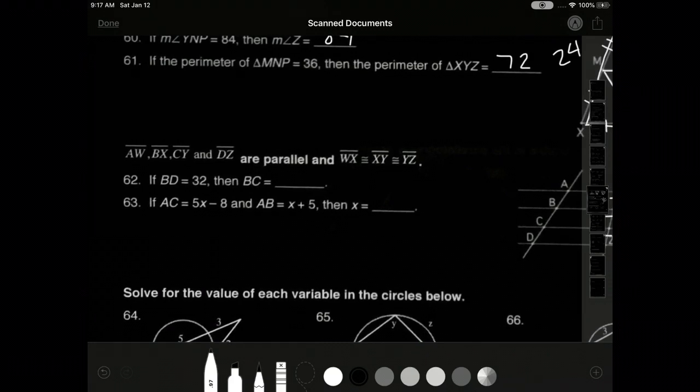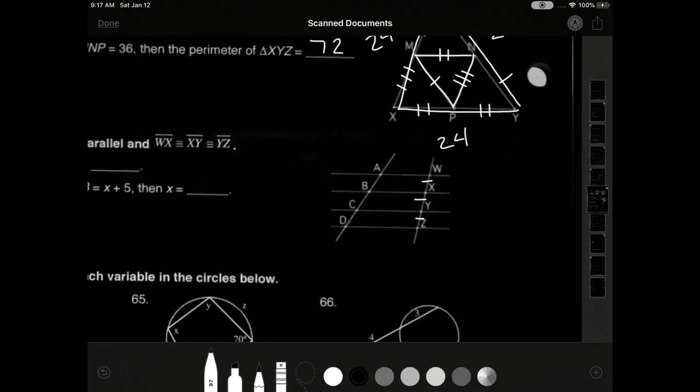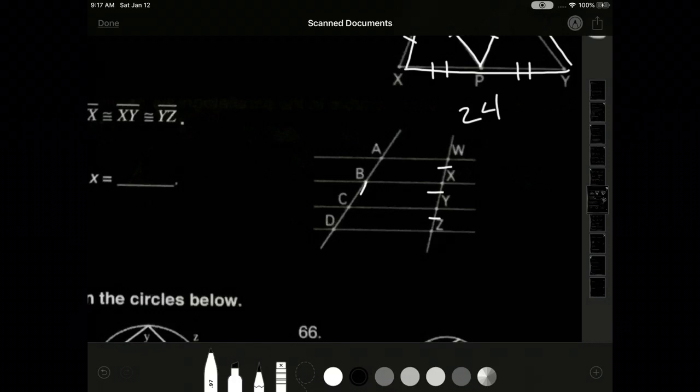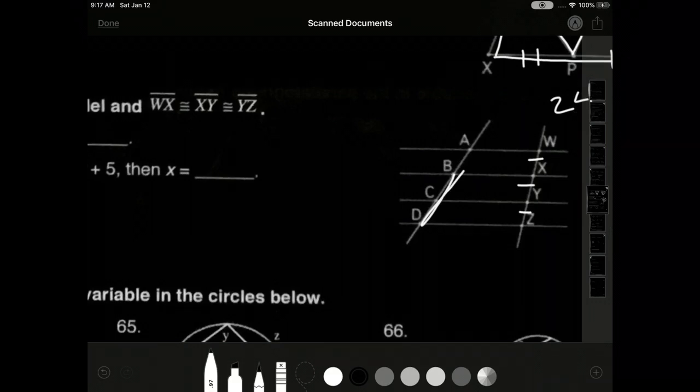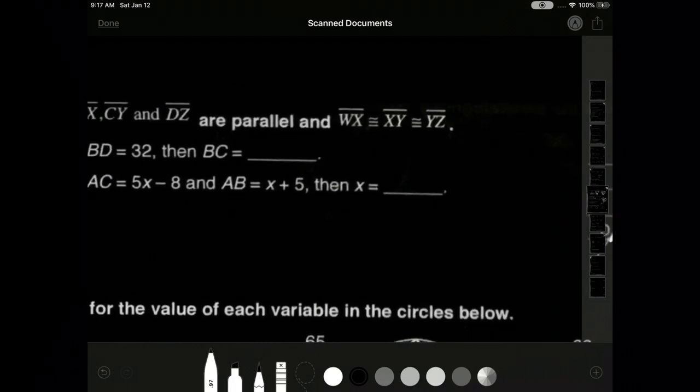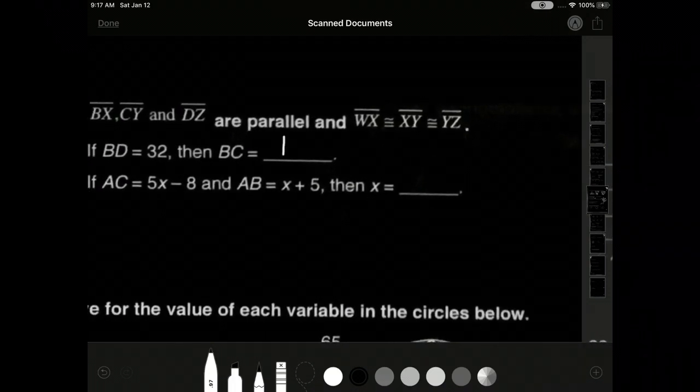So if BD is 32, BD is the whole thing. It says find BC. Well, if BD is 32, BC is only half of it. So we can take 32 divided by 2 and we get 16.